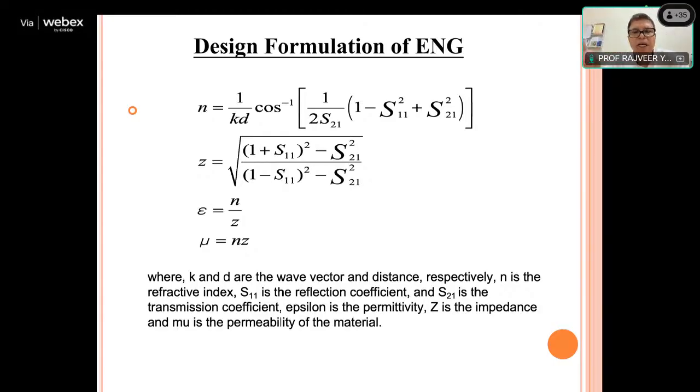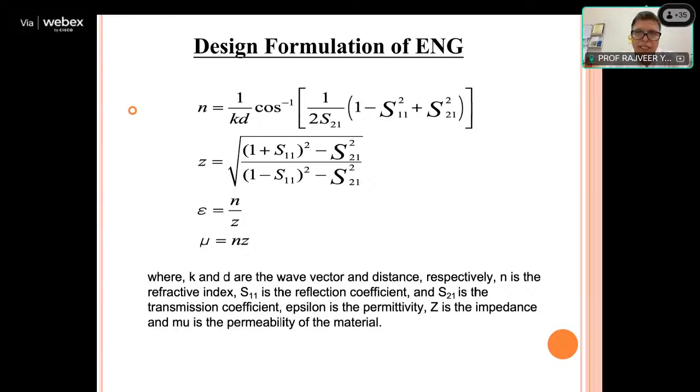ENG is nothing but epsilon negative structure, where epsilon is given with the help of n by z and mu is given by nz. The k and d are wave vector and distance respectively. n is refractive index, and S11 and S21 are reflection and transmission coefficients. Epsilon here is specifically termed as permittivity, and z will be the impedance.